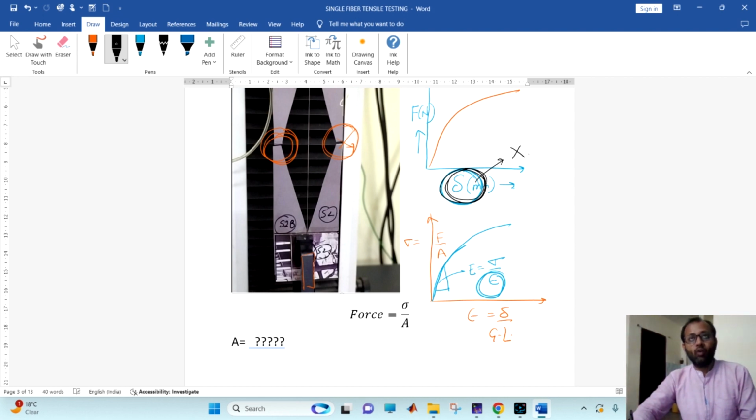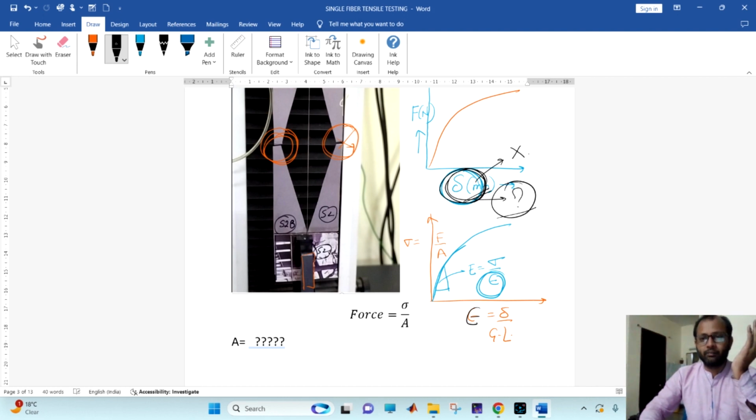The play between the crosshead and the screw and anything else is completely ignored. So this displacement is not correct, and this strain is then not correct. Then how to calculate this displacement? That's the biggest question that I will tell you in the next part.